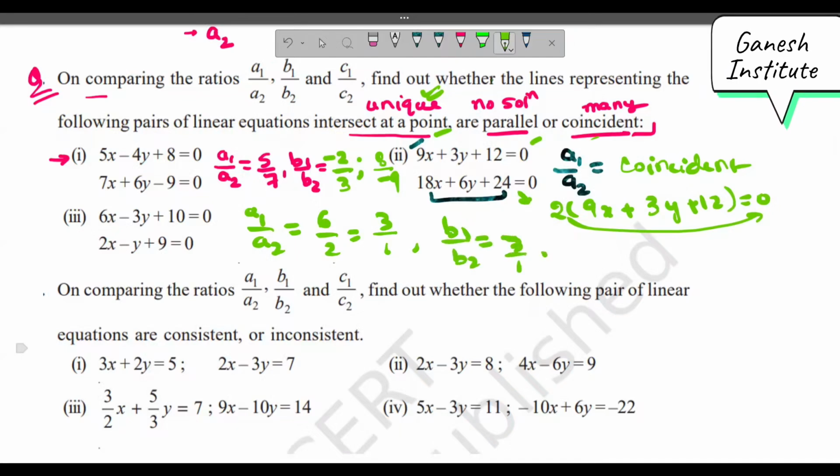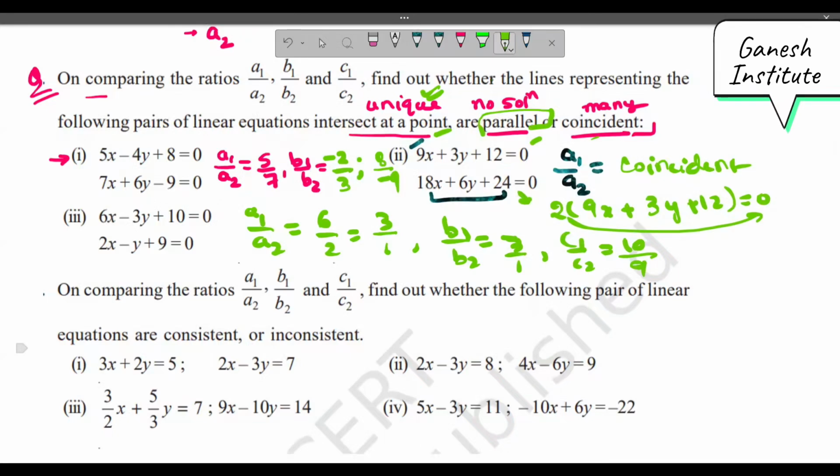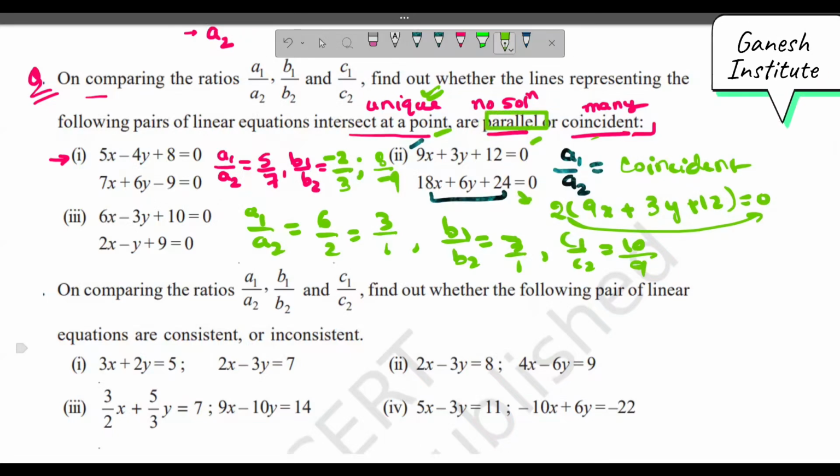And then the third one would be 10/9. Which is a clear case for... The first two are in line, so it is, what is it called? It is parallel. Yeah. There's no solution, because the first one matches, the second one does, the third does not.